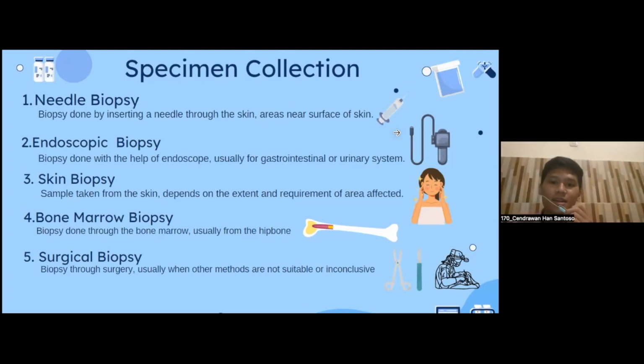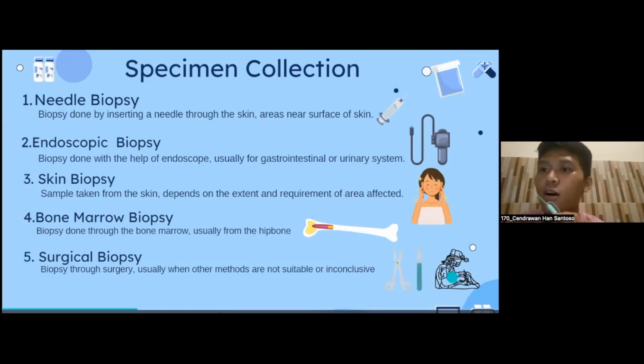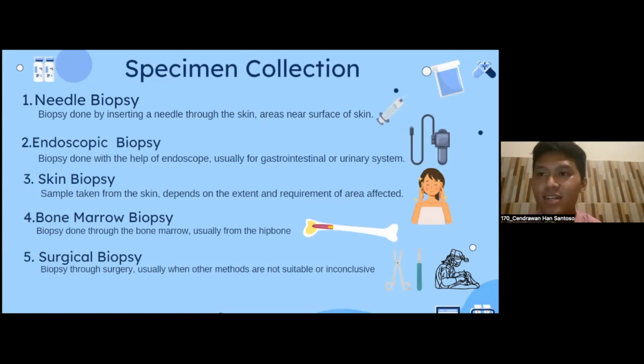Specimen collection. There are a few types of specimen collection. The first one is needle biopsy, which is done by inserting a needle through the skin. It is usually done to access areas near the surface of the skin. Number two is endoscopic biopsy, which is done with the help of an endoscope, usually for the gastrointestinal or urinary system.